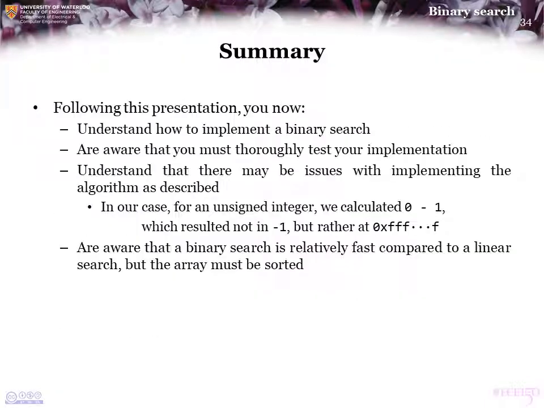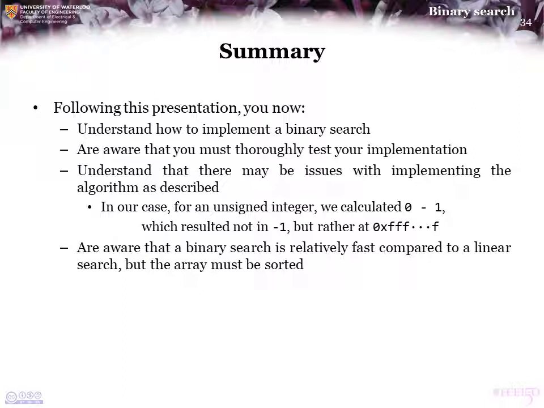So following this topic, you now understand how to implement a binary search in C++. You are aware that you must thoroughly test your implementation to ensure that you have not missed any edge cases. You also understand that there may be issues with the implementation of the algorithm as described. In our case, we had a semantic issue.